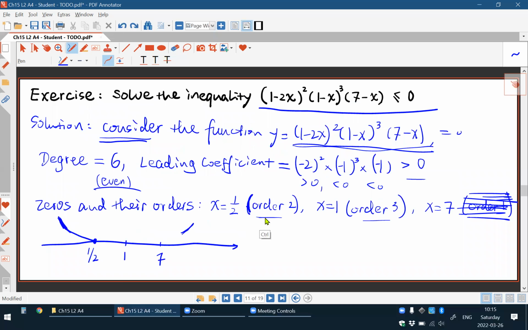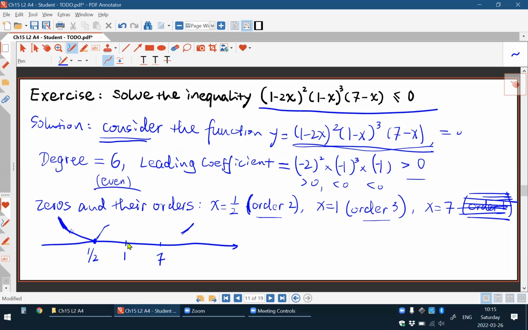Okay, the order is 2 at 1/2. So that means when it's an even order, the sign does not change. So before the 0, the function is positive. After it, it will also be positive. So it will go this way, right?